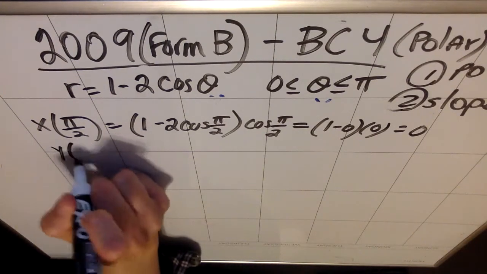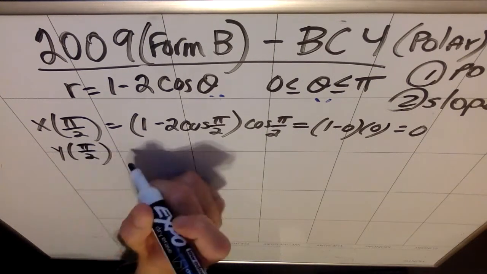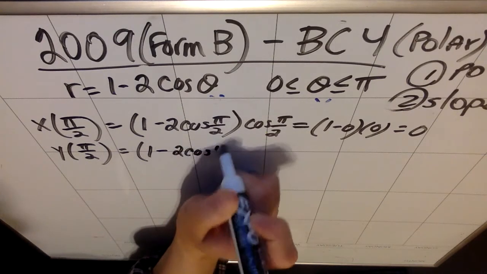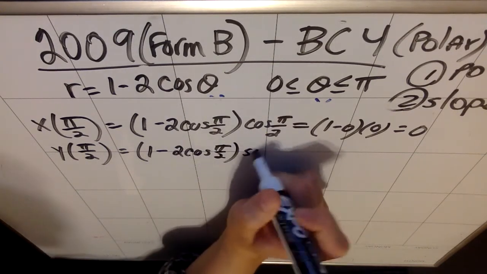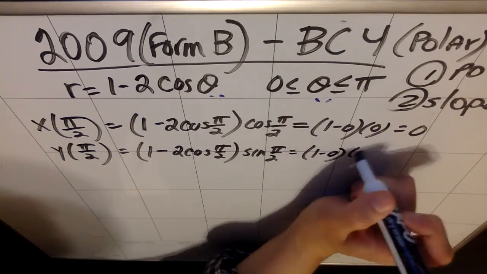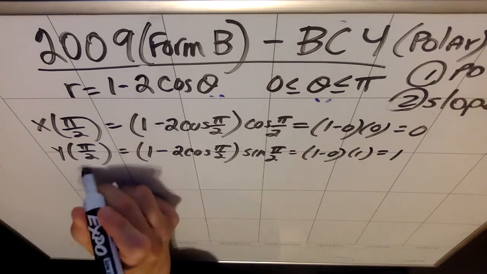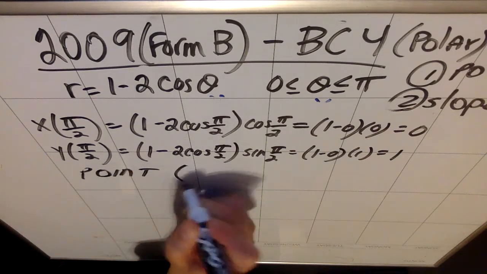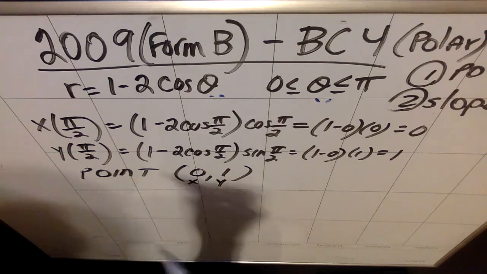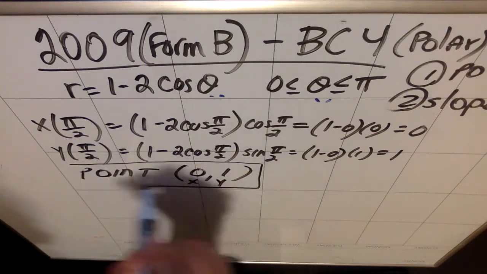When I want y of pi over 2, that's going to be my 1 minus 2 cosine pi over 2, which we've already seen, times a sine of pi over 2. Well, that is going to be a 1 minus 0 times a 1, and so I get that the point for my line should be x comma y is 0 comma 1. Again, the point for your line is always an x comma y.